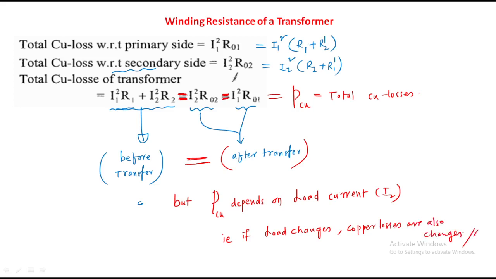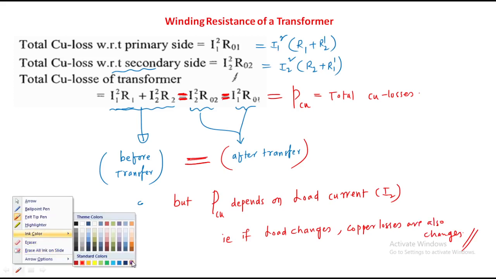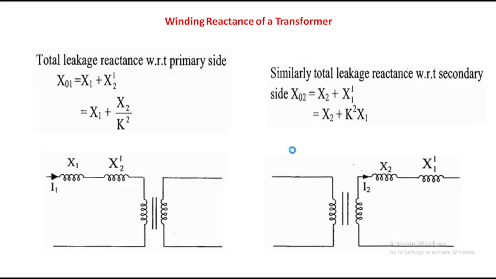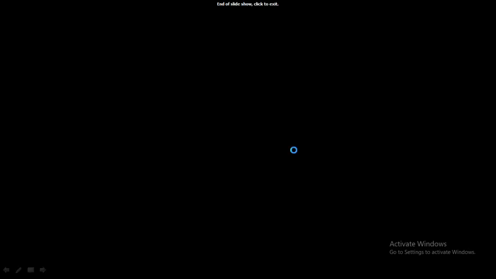This is very important. That's why copper losses are called variable losses. This is the total copper loss of a transformer with respect to resistance and reactance. Thank you.